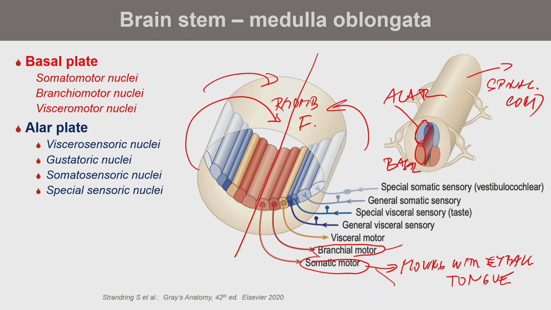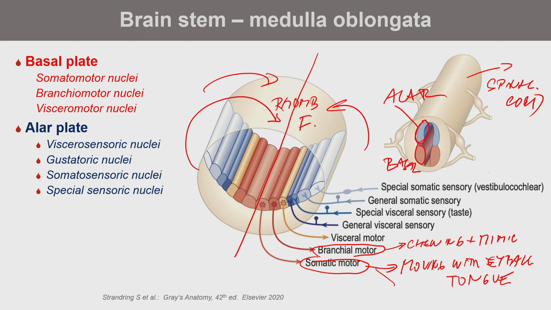For branchiomotor, we know that we have muscles of mastication, or chewing muscles, and also the skin muscles, so mimic muscles. They are derived from innervation of branchia.